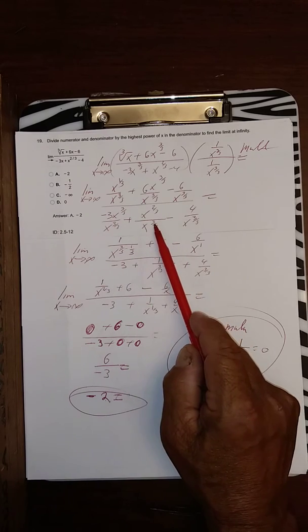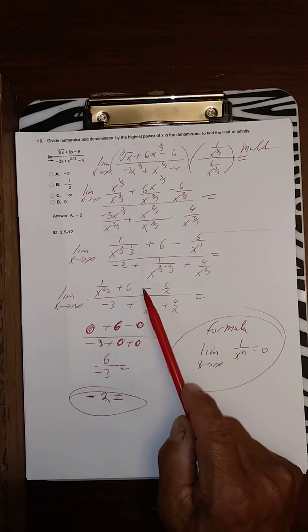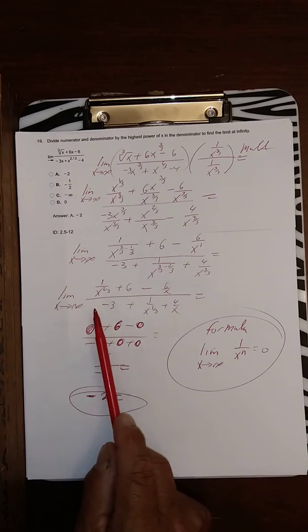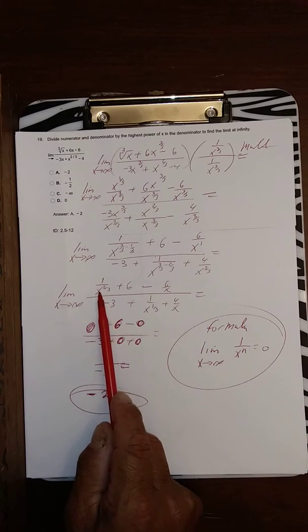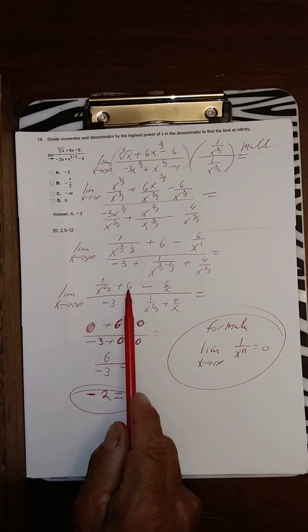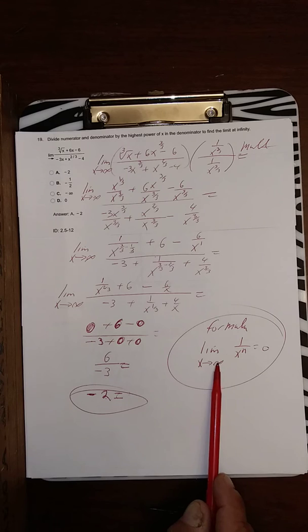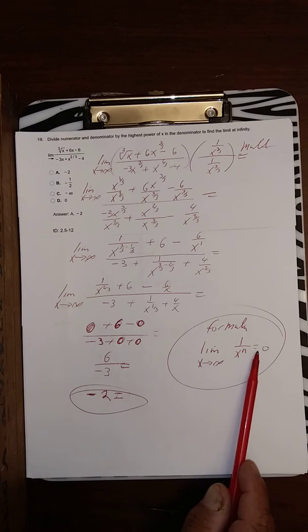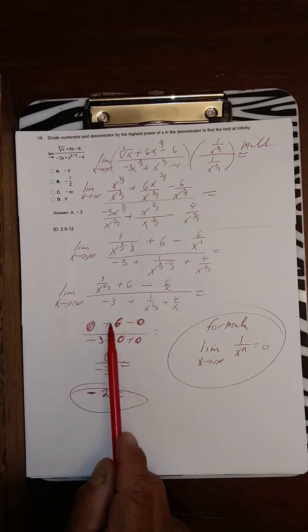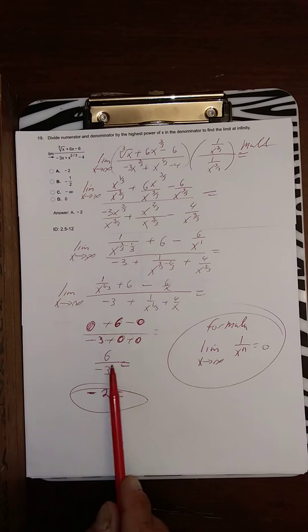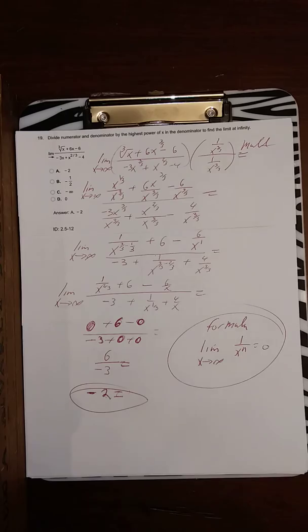Now simplify all this. As x goes to infinity, x to whatever power is going to be 0. So that's going to be 0, 6, 0, negative 3, 0, 0. So 6 over negative 3 is negative 2.